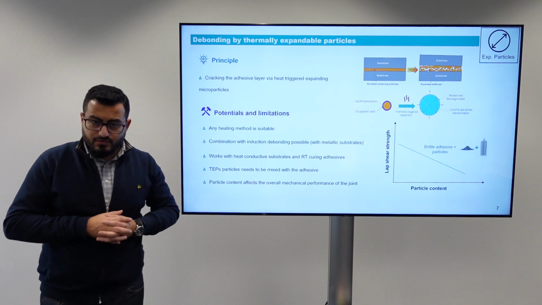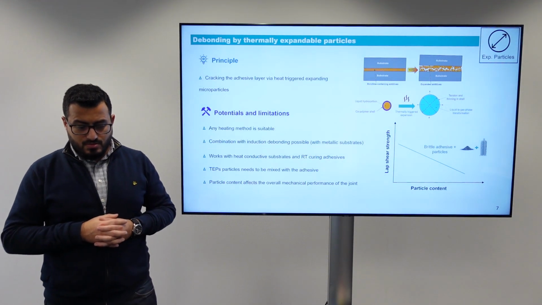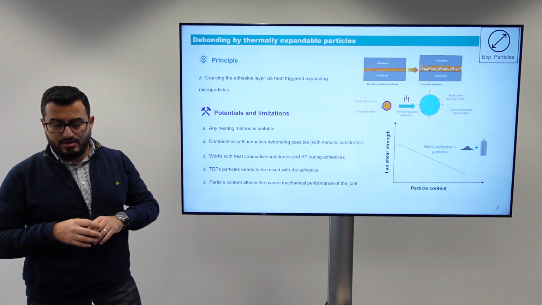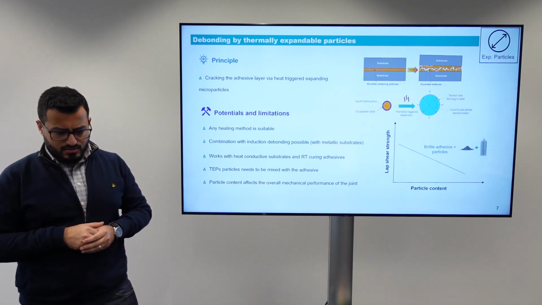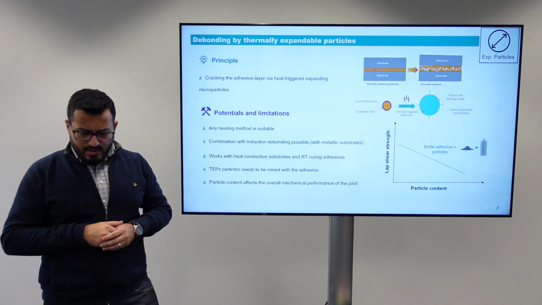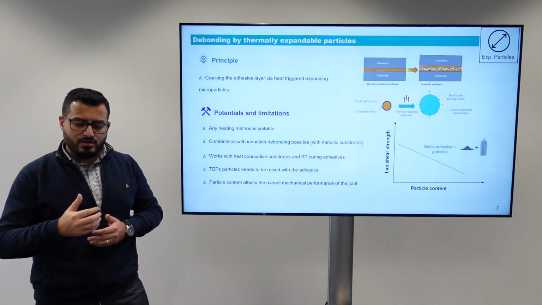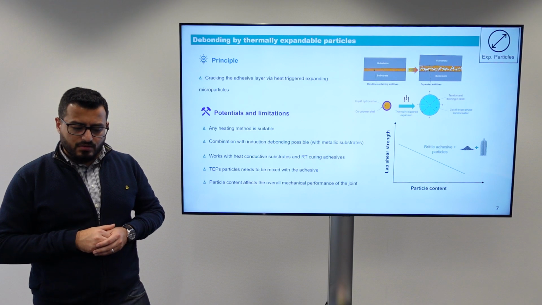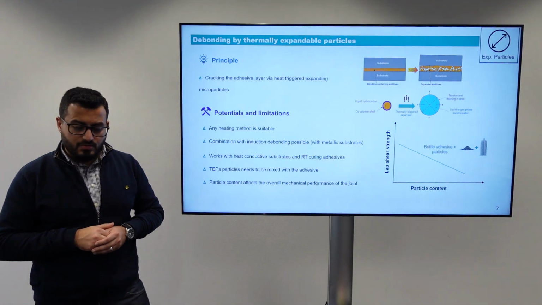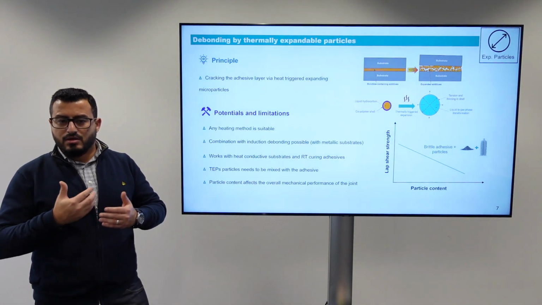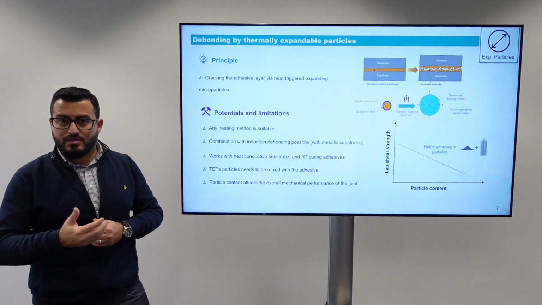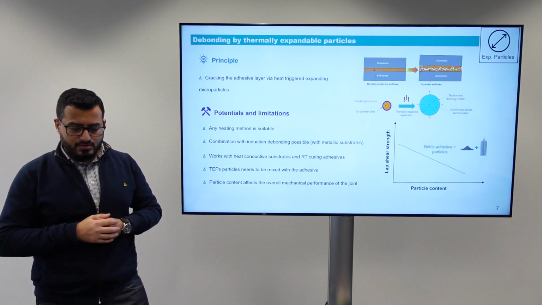The advantages of this method is that you can use any heating method to trigger these particles to expand, and you can also combine certain heating methods. So, for example, you can use induction technology with this method, so you can achieve high heating rates for this heating.